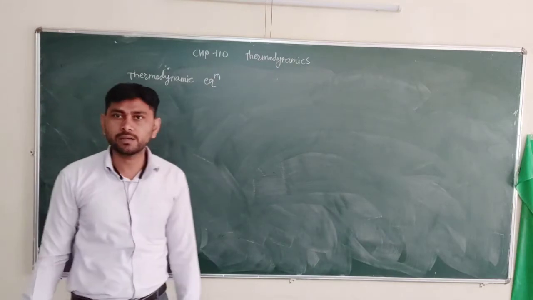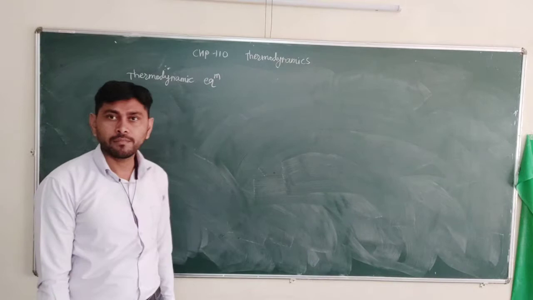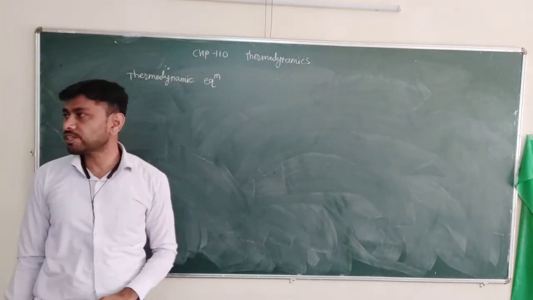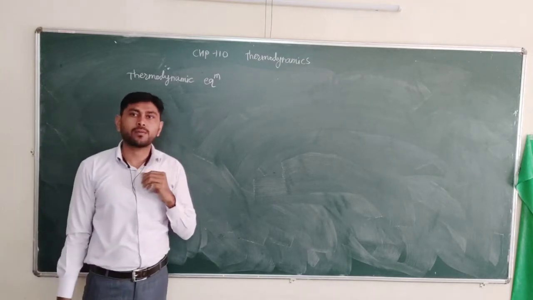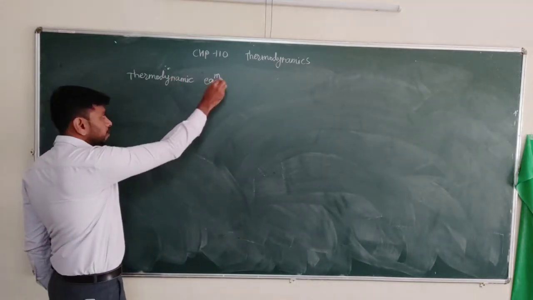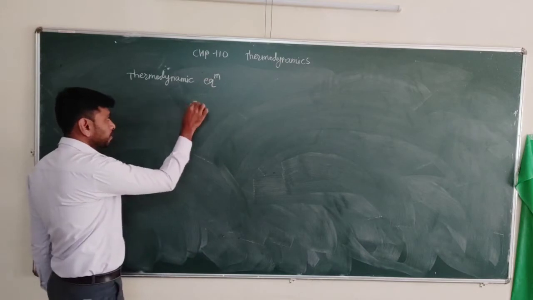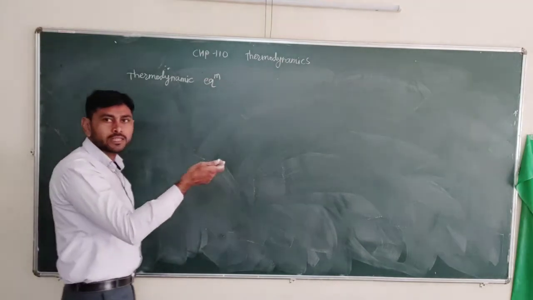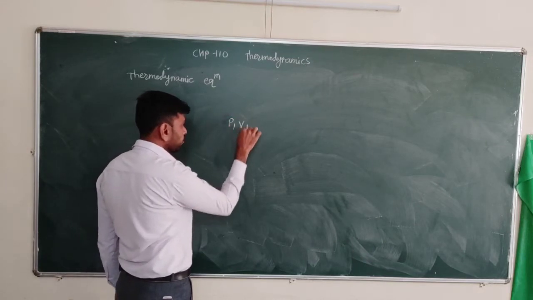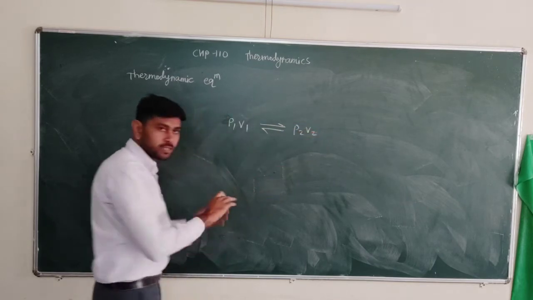When do we call a system in equilibrium? A system is in equilibrium if the macroscopic properties of the system do not change with time. So the system is said to be in equilibrium when macroscopic properties such as pressure and volume do not change with time.